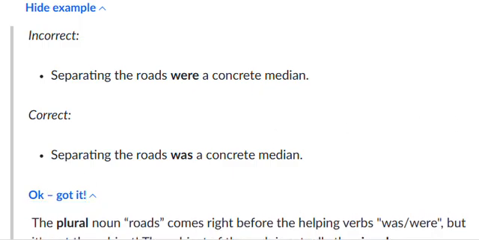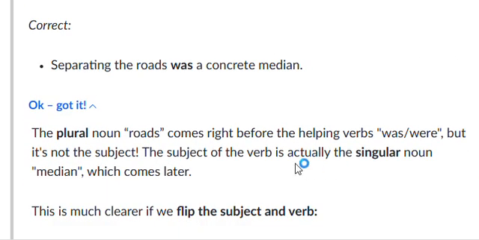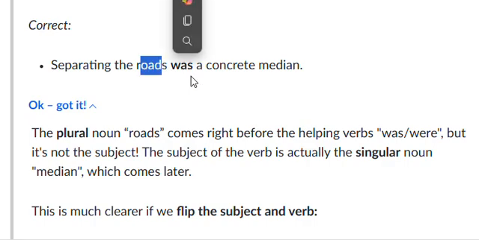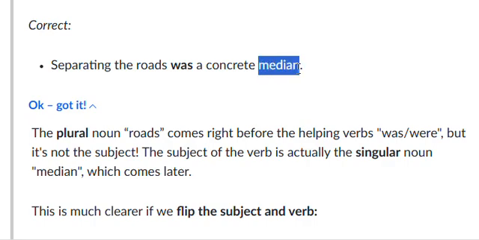Why? The plural noun roads comes right before the helping verb, but it's not the subject. You might think that roads is the subject here, but no, the subject here is median. It was a concrete median. You think roads is the subject because it comes first, but median is actually the subject.